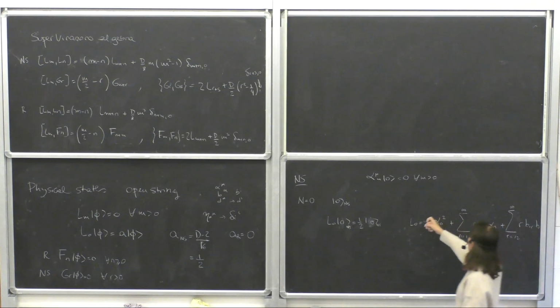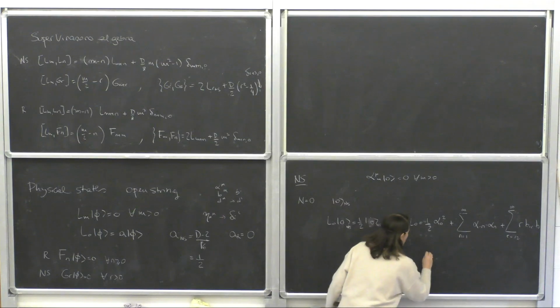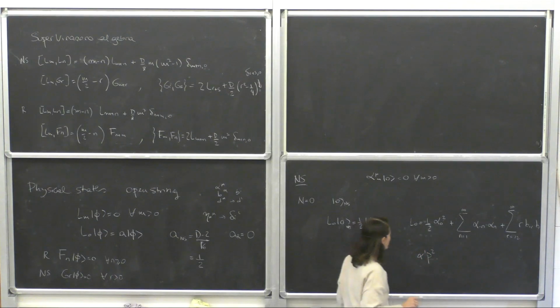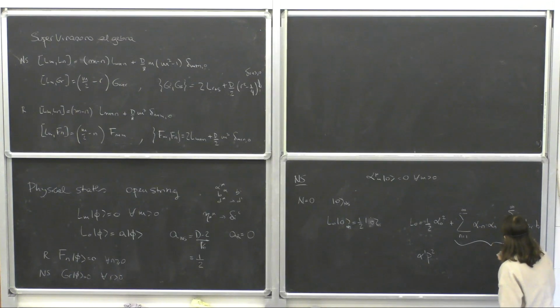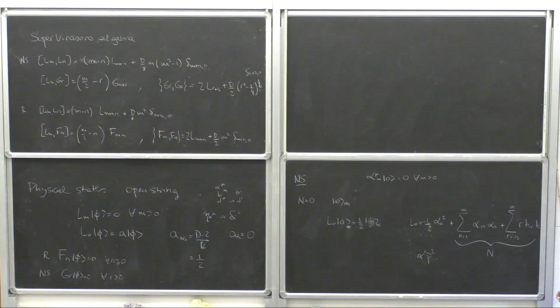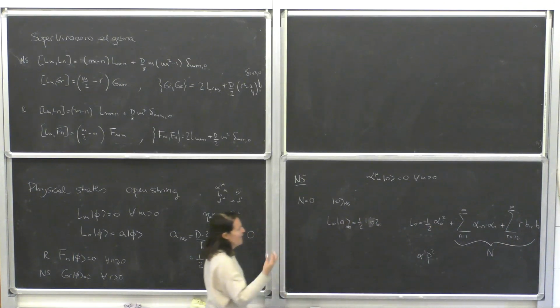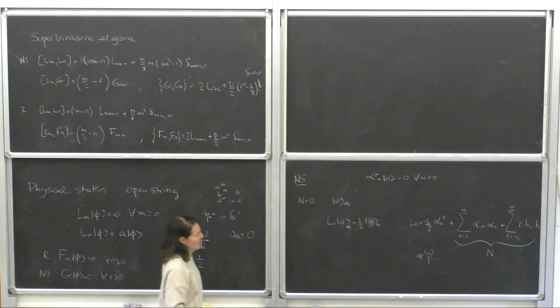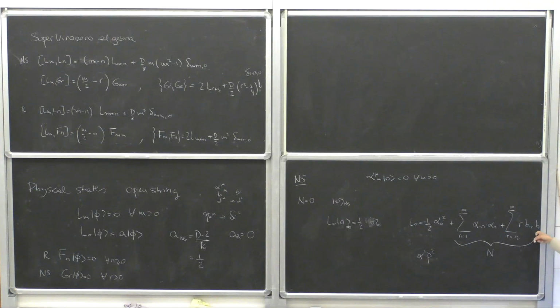So this is the same as before. It's going to give me alpha prime p squared. And this operator here is a number operator. It's the same as in the bosonic string, and this will count the number of oscillations that you have, counting this and this.